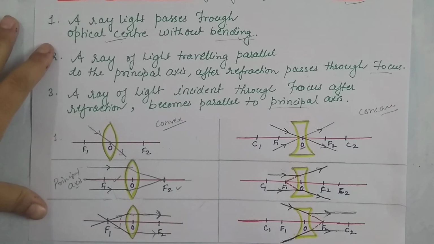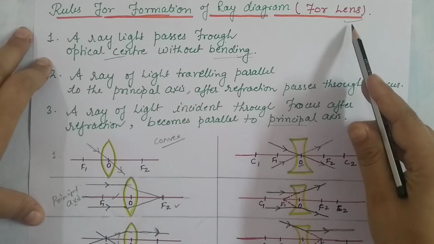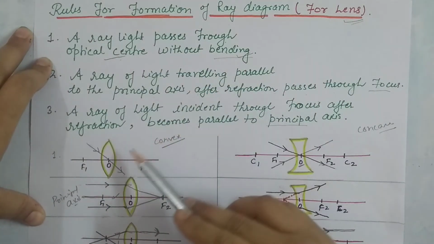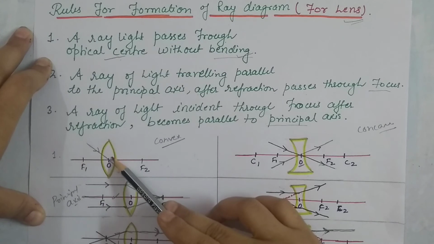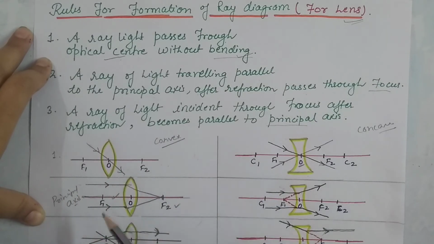So these are the three basic rules for the formation of ray diagrams for lenses. First, if the light ray passes through the optical center, no bending takes place and it passes straight. When the incident ray is parallel to the principal axis, it must pass through the focus.